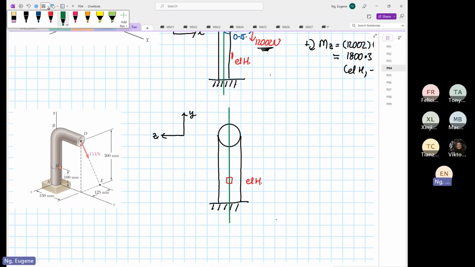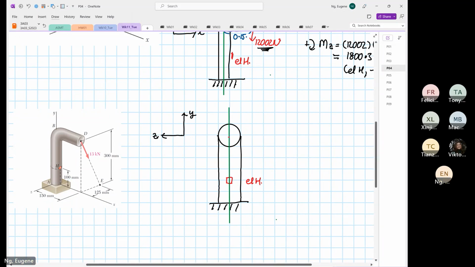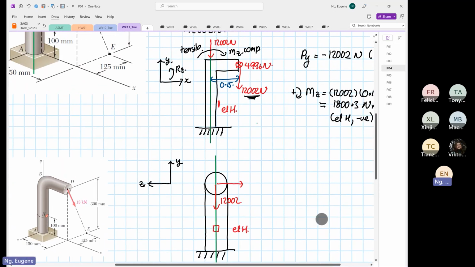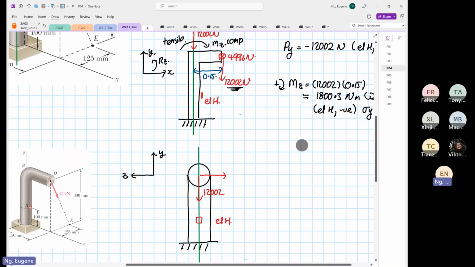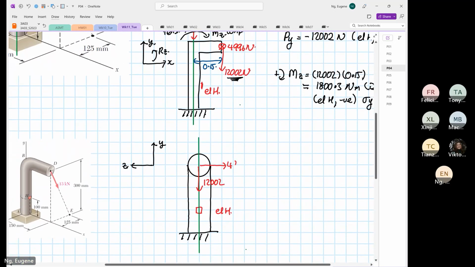So we know that there's a load coming down. This is the 12002. And then there's a force going this way, which is 4996.